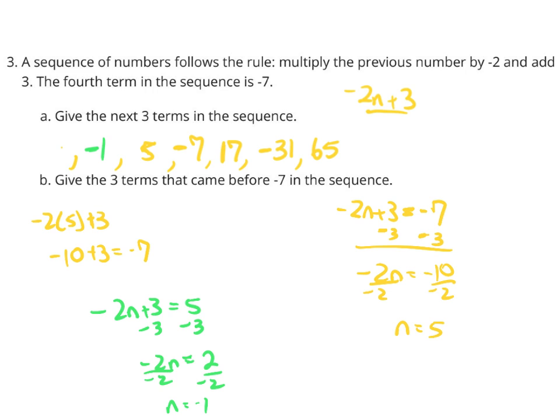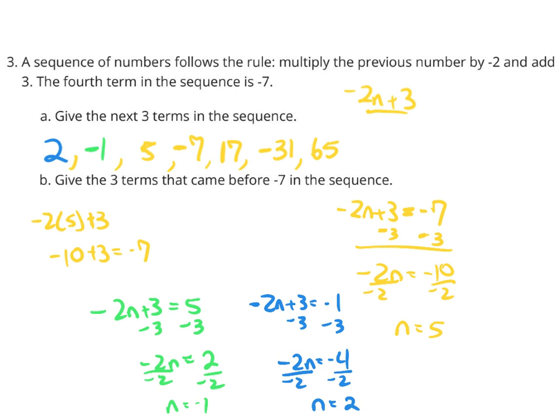So the sequence holds. So for the next one, I take negative 2n plus 3 and set it equal to negative 1. I subtract 3 from both sides. I get negative 2n is equal to negative 4. If I divide by negative 2 on both sides, I get n is equal to positive 2, because a negative divided by a negative is a positive. And then 2 times negative 2 is negative 4 plus 3 is negative 1.